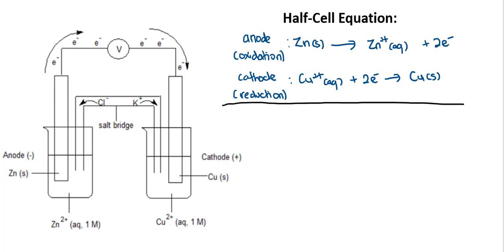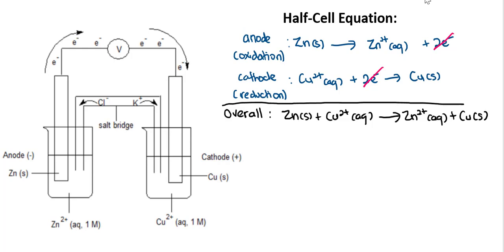For the overall equation, we add up these two equations and equalize the electrons so that we can cancel them out. The overall equation is written as zinc solid plus copper 2+ ion produce zinc 2+ ion and copper solid.